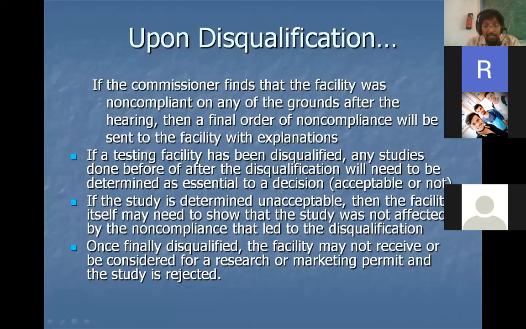If the study is determined unacceptable, then the facility itself may need to show that the study was not affected by the non-compliance that led to the disqualification. Once finally disqualified, the facility may not be considered for research or marketing permits, and the study is rejected. So this is what happens when a facility is disqualified from GLP.